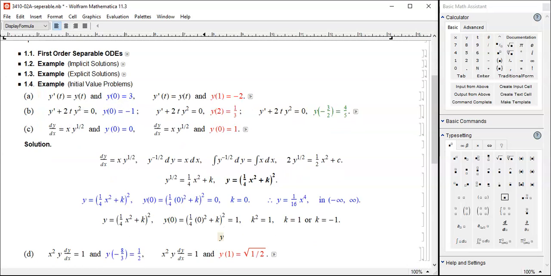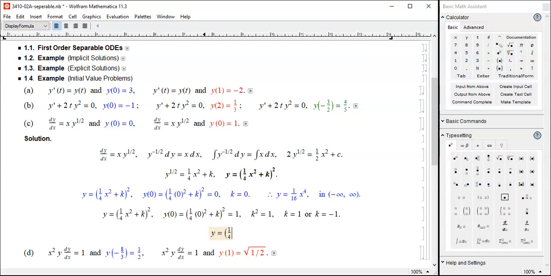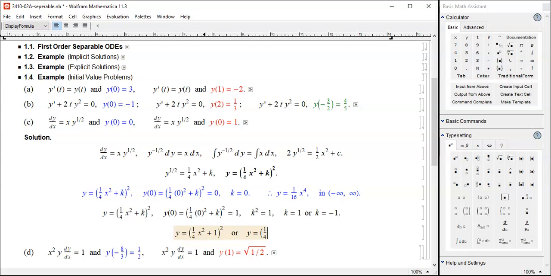So what do you have? y is equal to, when k is 1, 1/4 x squared plus 1 squared, or y equals 1/4 x squared minus 1, total quantity squared.